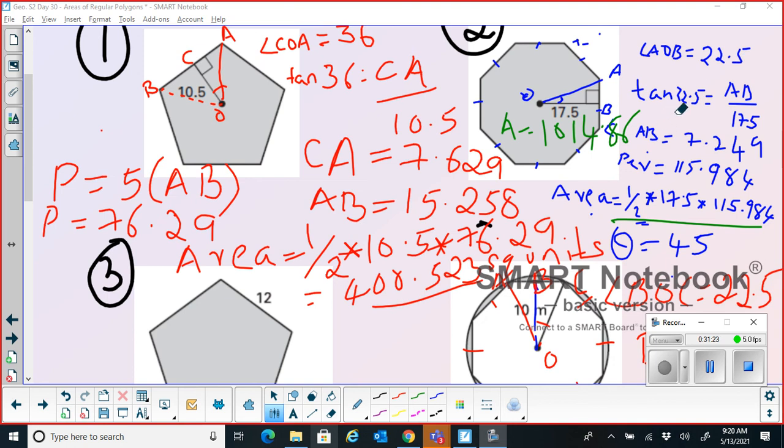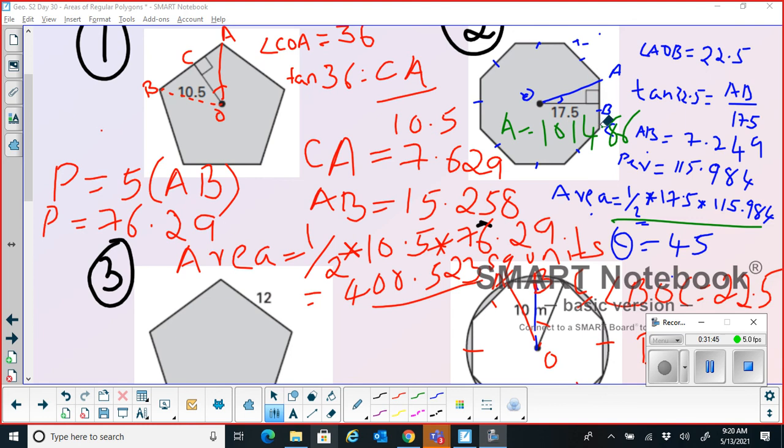And then I used tan 22.5 to find AB. AB was missing. AB over 17.5 equals tan 22.5, and AB gives me 7.249 if I multiply 17.5 with tan 22.5. Then to find the perimeter, I need each side.